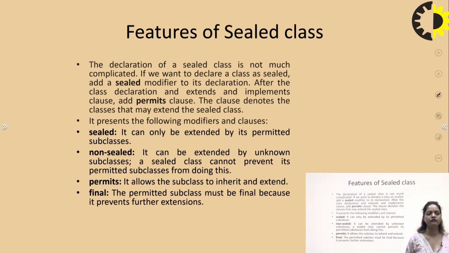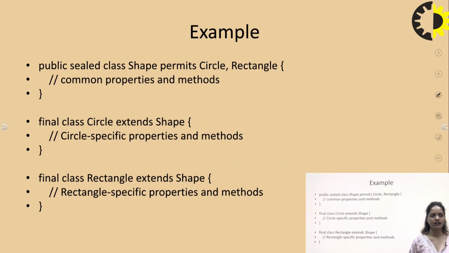Secondly, how it is different from non-sealed classes, it can only be extended by the permitted subclasses, and the final keyword is also used in the front of its child classes so as to give prior permission for their extension also. So let us have a look at the example, and we will have a look at the extended version of this example also.